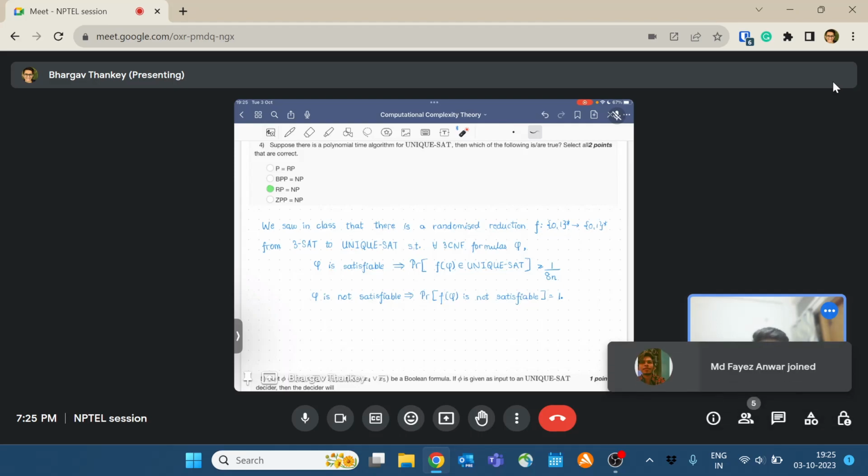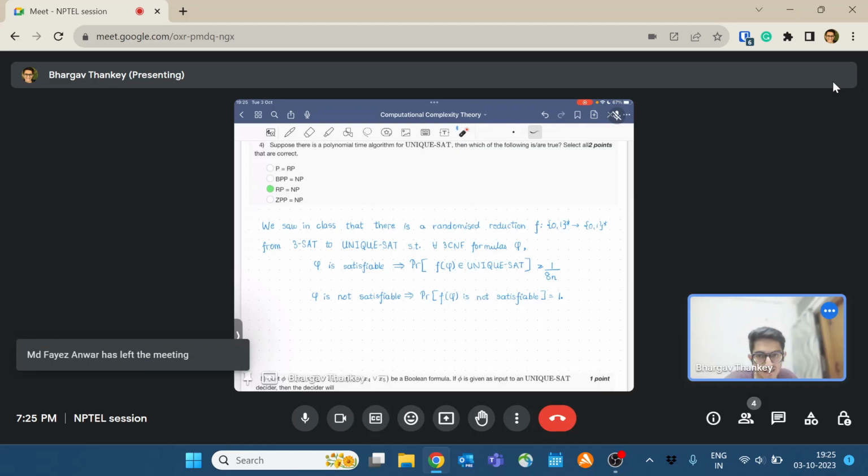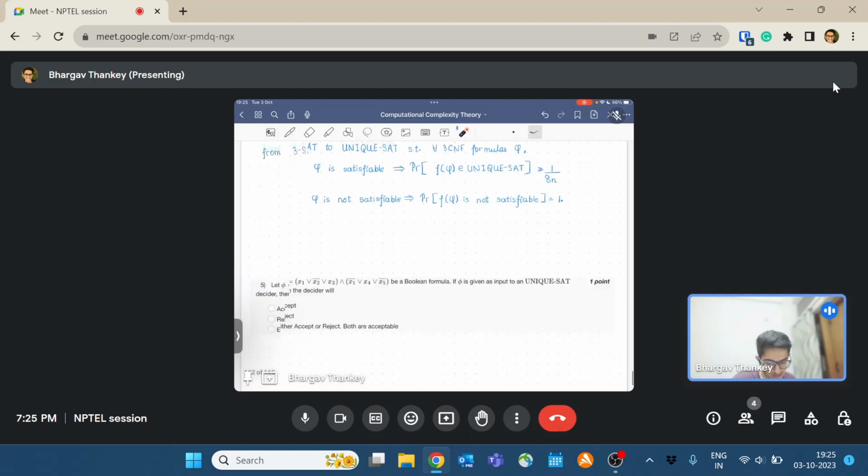So this gives us an RP algorithm for 3SAT, and since 3SAT is NP complete, this means RP equals NP. So is this fine? Yes, if this is fine, let's look at the next problem.